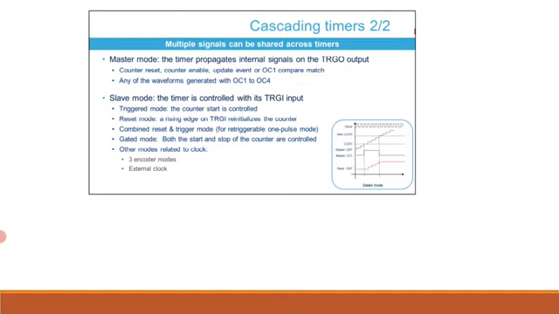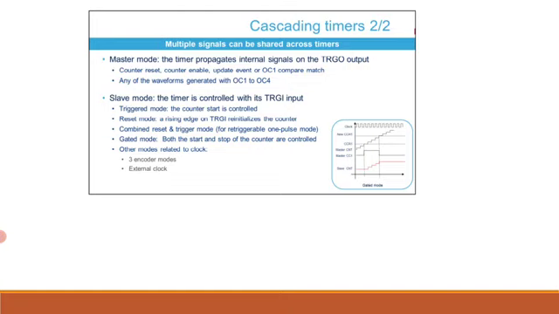The output can be a single synchronization pulse issued upon counter reset, counter enable, which corresponds to the counter start, the update event, or the compare one match event. Alternatively, the TRGO output can also transmit one of 4 waveforms generated, including PWM signals, to the other timer modules.